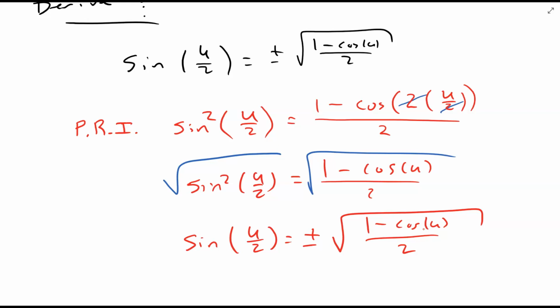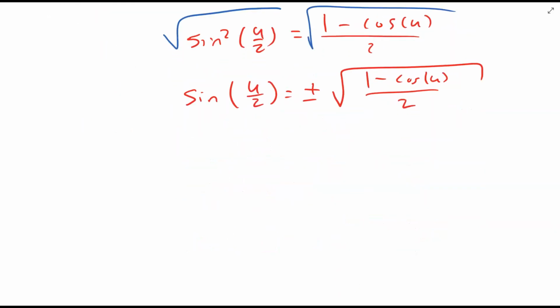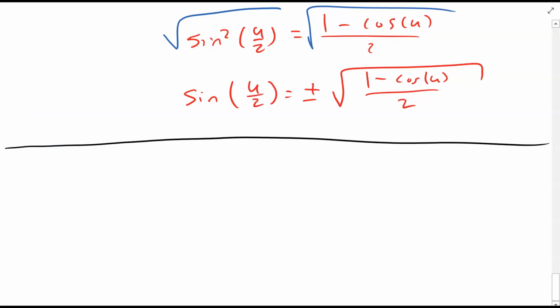We haven't gone back to the unit circle or the xy plane to do any more of these derivations. We just used previous identities to build out the next ones, which is nice. That's the way we'd prefer to do it. Nobody wants to go back to the xy plane and try to do this geometrically. It's a pain to do it that way, but rather elegant to just use the previous identity.